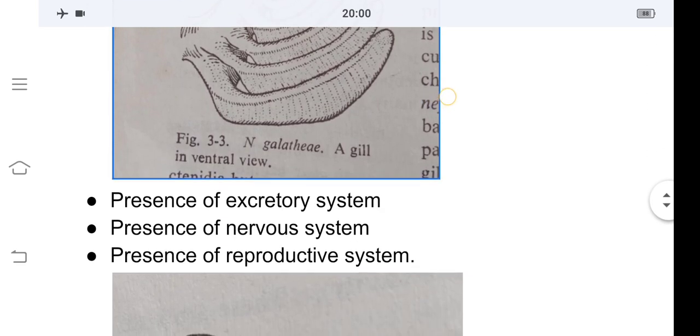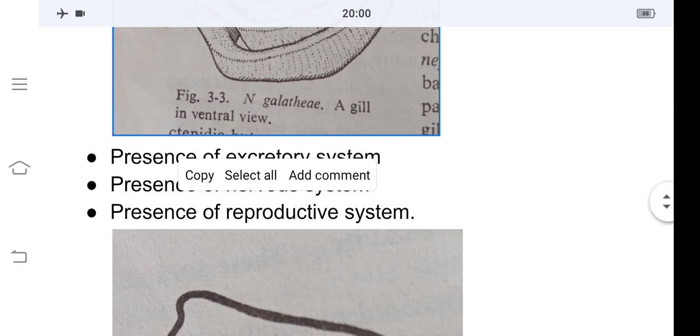Next, excretory system. Excretory system consists of 6 pairs of tubular nephridia. 5 pairs of them open to the pallial groove by minute nephridiopores at the bases of gills. 1 pair opens anteriorly. 2 pairs of nephridial ducts serve as gonoducts.